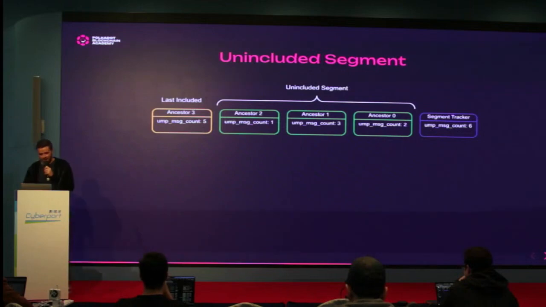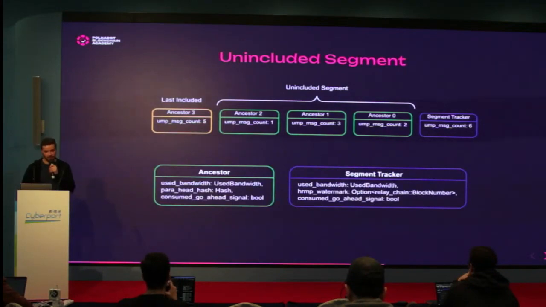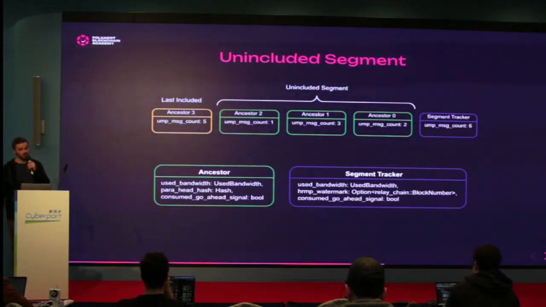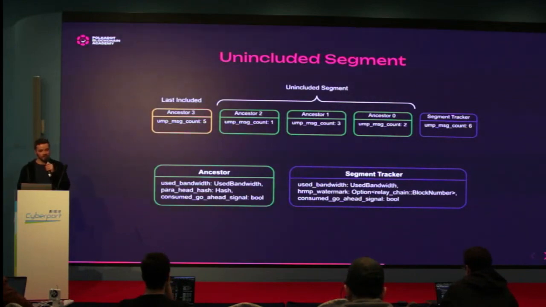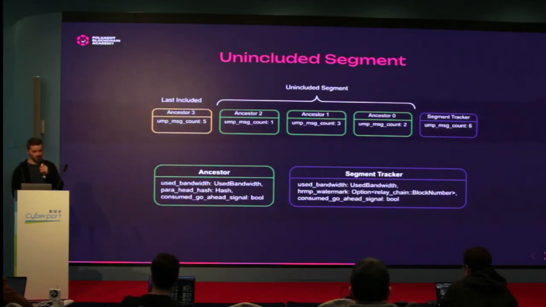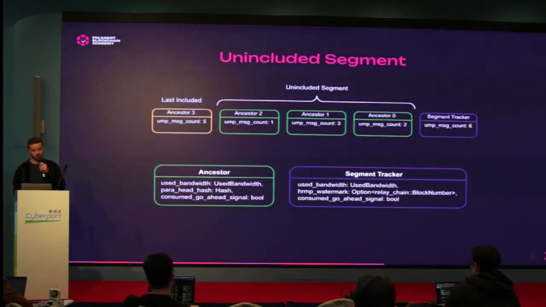Yeah, welcome. All right. So moving forward here, we're going to add a little bit more detail on some of the other contents of ancestors that are kept track of in the unincluded segment. So the UMP message count that we were showing on the blocks in the top of our visualization, that's actually a part of a larger field called used bandwidth that covers things like UMP message count, UMP total bytes, and also HRMP outgoing, which covers all of your different HRMP channels from one parachain to other parachains.